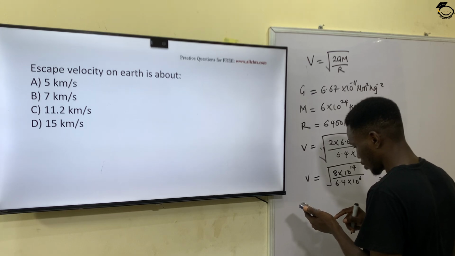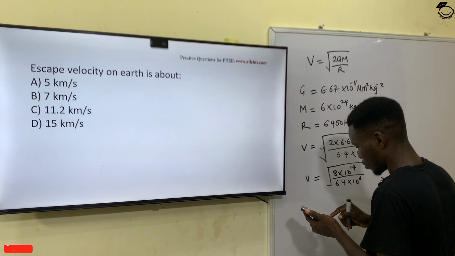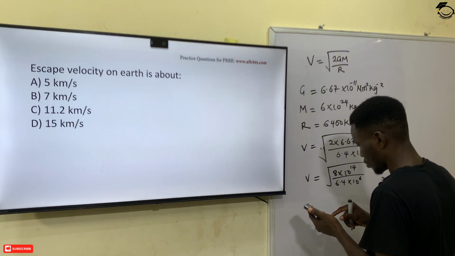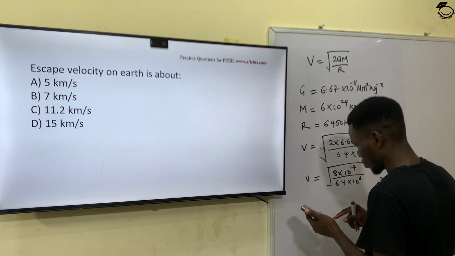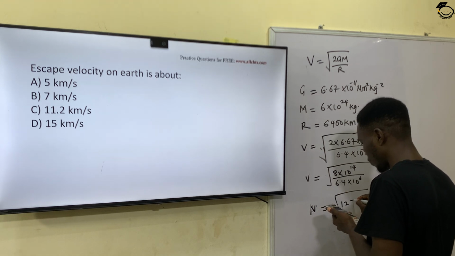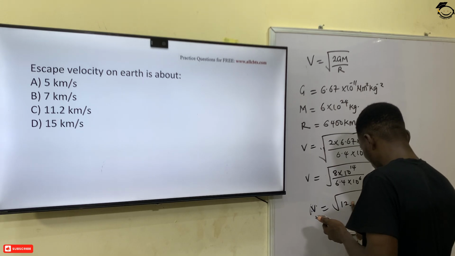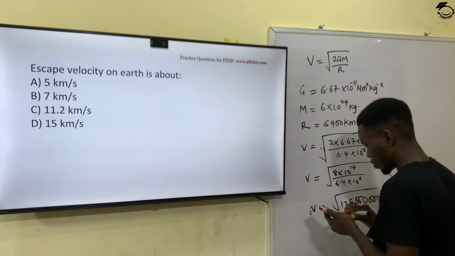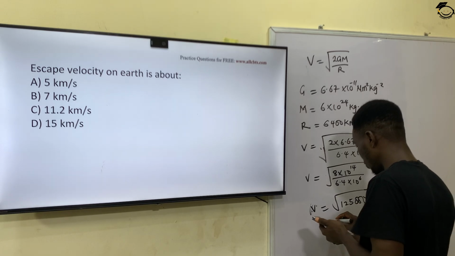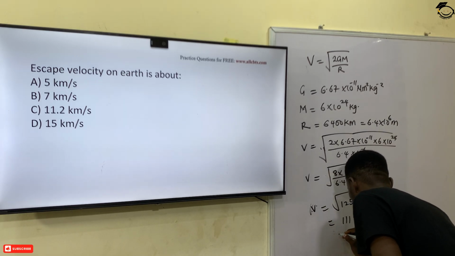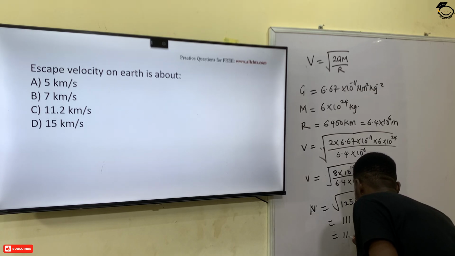So V is the square root of 125,000,000,000,000, which gives me 11180.3 meters per second, the same as 11.18 kilometers per second.